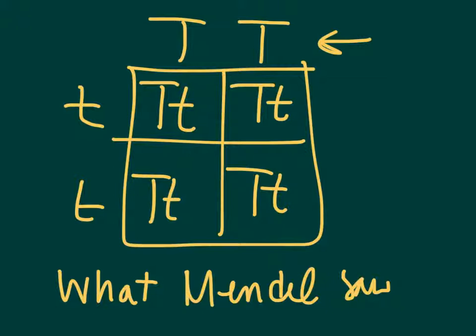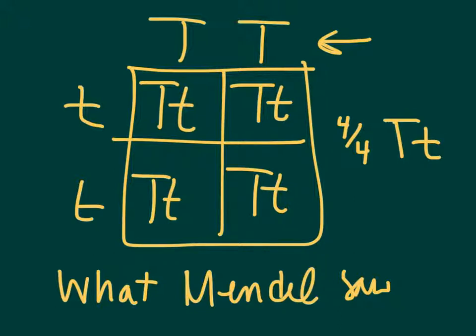Now, there's a few special names here. The genotype are the 2 alleles an individual possesses. So the genotype of parent 1 is capital T, capital T. The genotype of parent 2 is lowercase t, lowercase t. The genotype of the offspring: 4 of 4 offspring are capital T, lowercase t, or heterozygous.